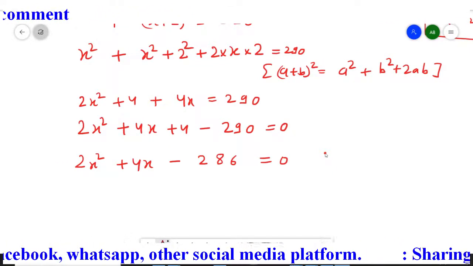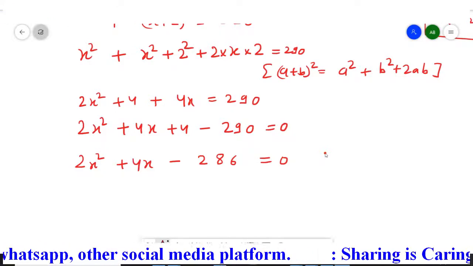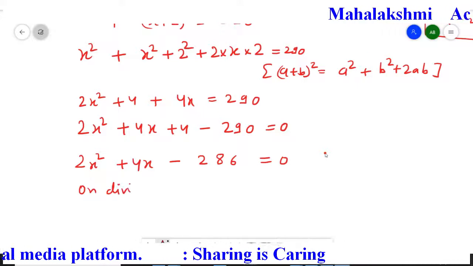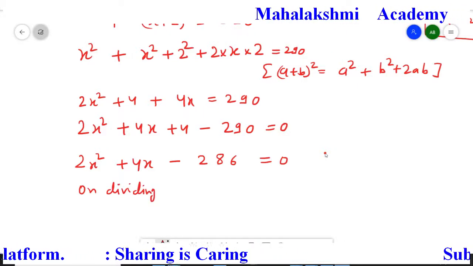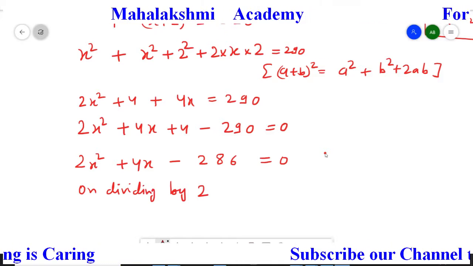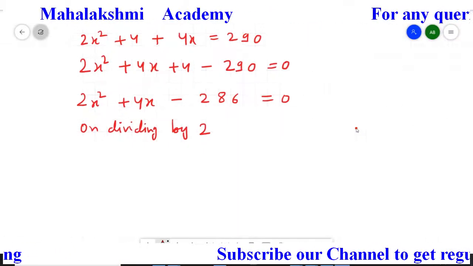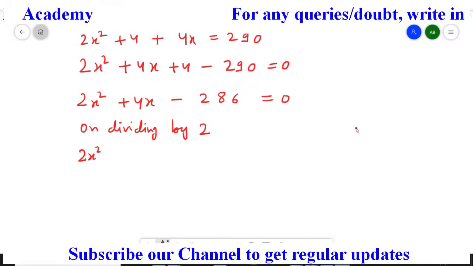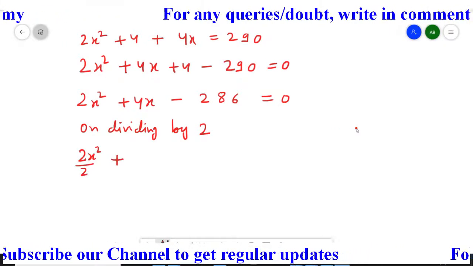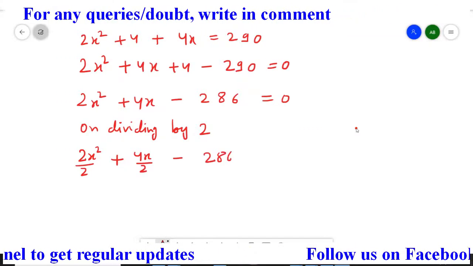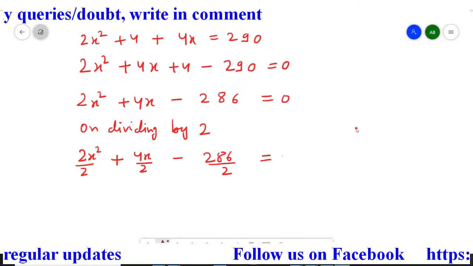Now we can see that all three numbers are divisible by 2, so we will divide. On dividing by 2, we get 2x square divided by 2, plus 4x divided by 2, minus 286 divided by 2, is equal to 0.